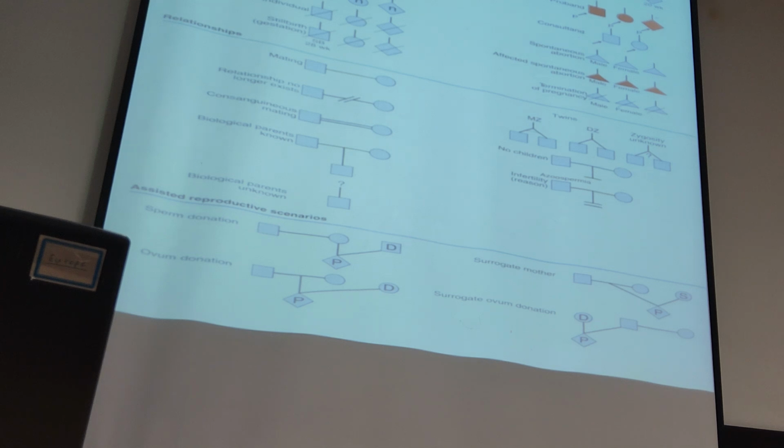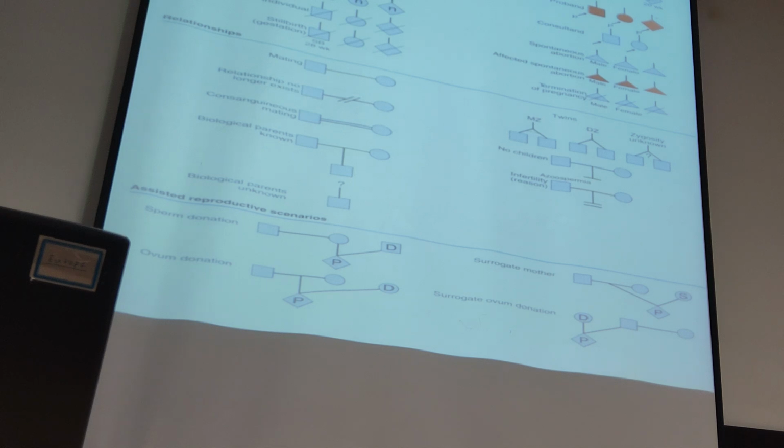To make a pedigree small, a group of people with the same phenotype, for example 5 healthy males, we don't draw 5 symbols.